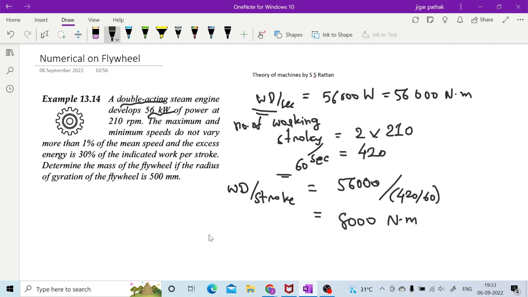So this is the work done per stroke. Now the excess energy, here it is mentioned excess energy is 30% of the indicated work per stroke. So it means your E, the maximum fluctuation, is 30% of this work done per stroke. So it means it is 8000.